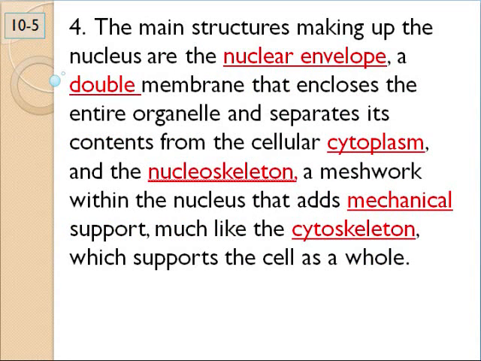Main structures, the nuclear envelope. That nuclear membrane looks just like a cell membrane. You know, the double phospholipid layer. Same thing. I figure if that works good on the outside, it works good on the inside too. So when I showed you the picture and you said cell membrane, I should have marked you wrong. You know why? Because that is any membrane.